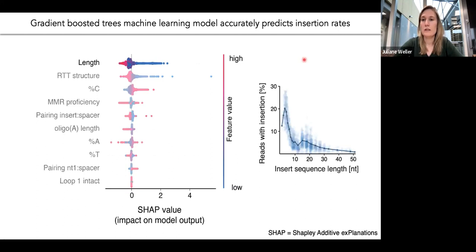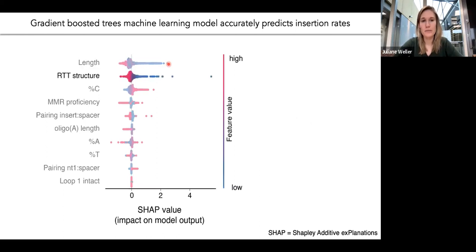If we go to the example that Jonas gave earlier with length, where we have this peak, so very short inserts are highly inserted, we can see here that inserts with a low feature value for length, so short sequences, have a higher predicted insertion efficiency. So that matches well the observation that we had when analyzing the data.